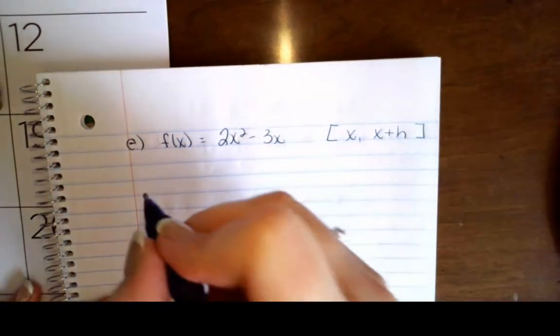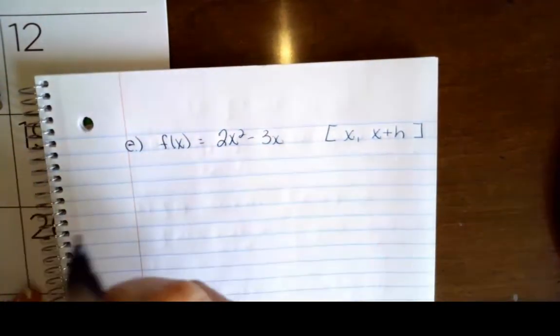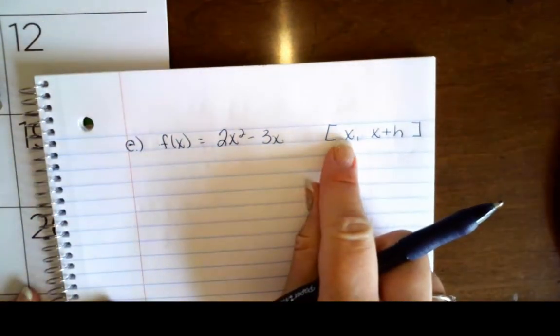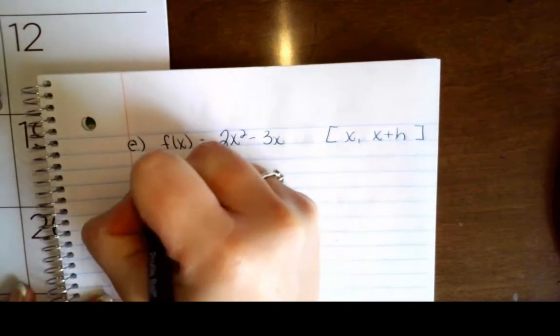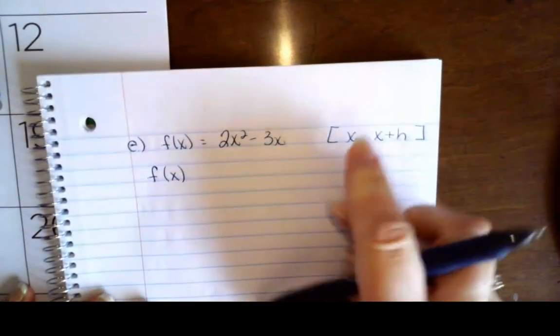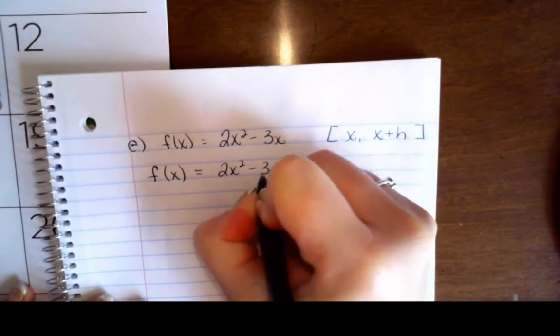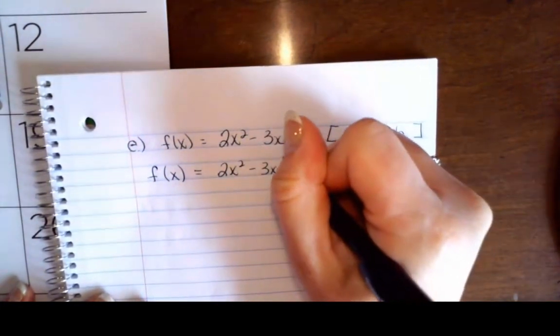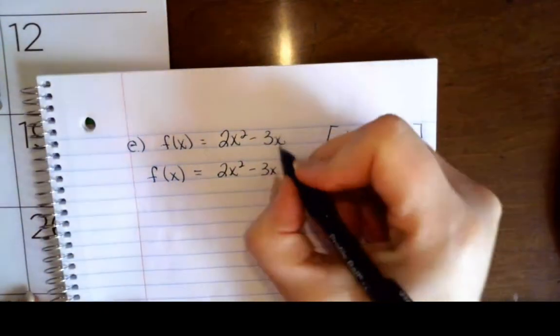So first of all, we're going to evaluate. Well, I already know what f of x is. Just like on the previous examples, I took my first point and substituted in x. Well, that part's done. So f of x is 2x squared minus 3x. This part is going to require some work.